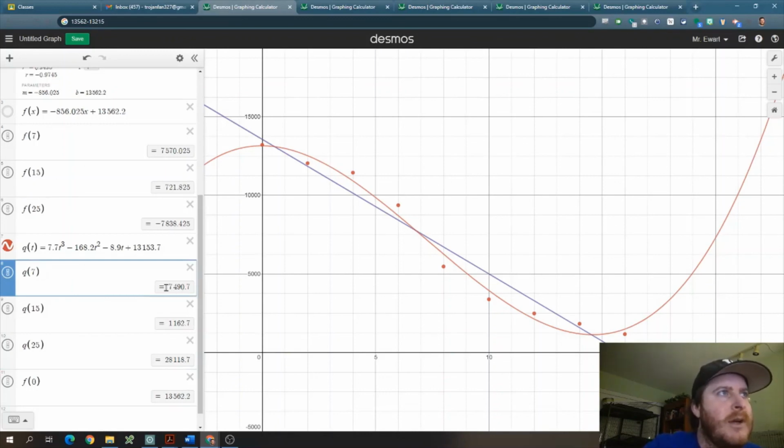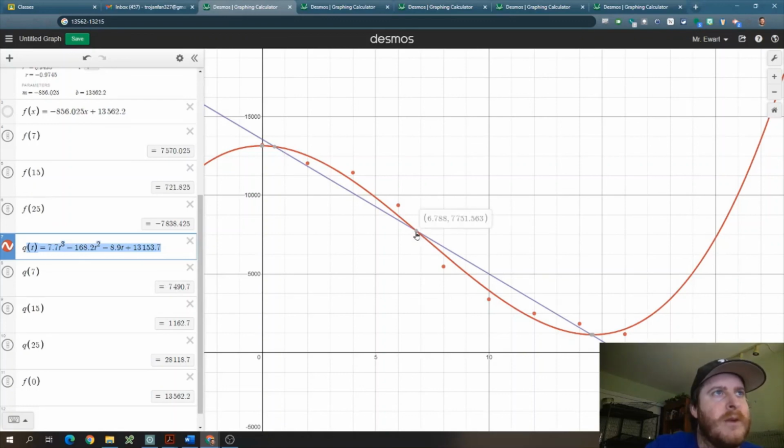And so my prediction was 7,557. That was from the prediction from the purple line when I did f of 7, right, with the linear regression. When I used this cubic one that the book suggested, I got 7,490, right? That was my prediction for year 7, which is about right here, right? And they're very close to each other.